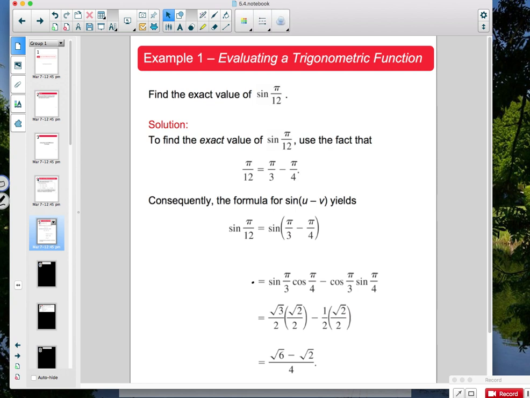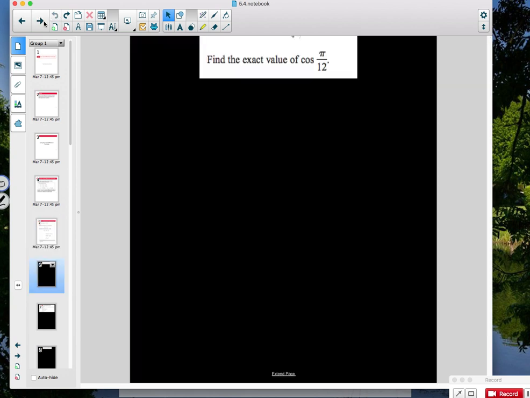Sine pi thirds is square root of 3 over 2, cosine pi fourths is square root of 2 over 2, minus cosine pi thirds will give you 1/2, and sine of pi fourths will give you square root of 2 over 2. And then finally you perform the arithmetic and you get square root of 6 minus square root of 2 over 4. So practice this one.